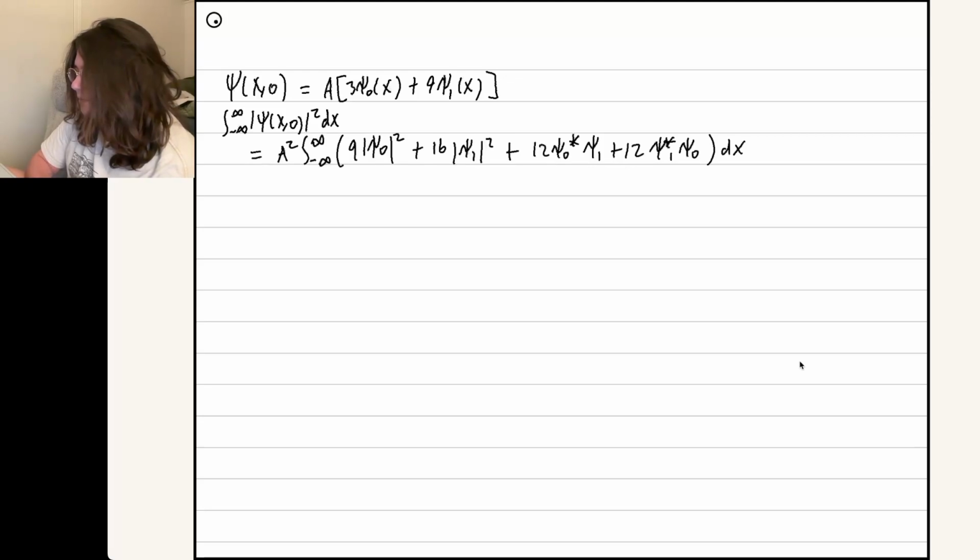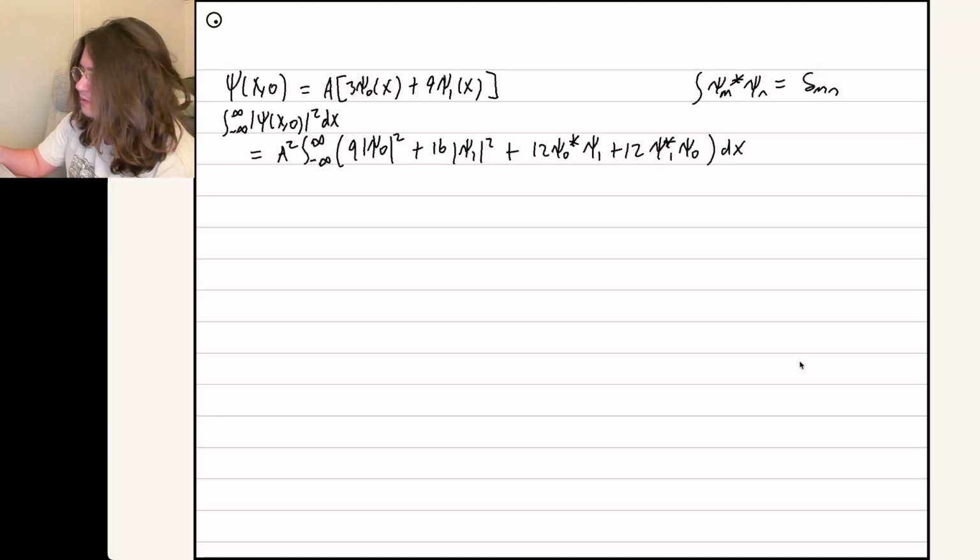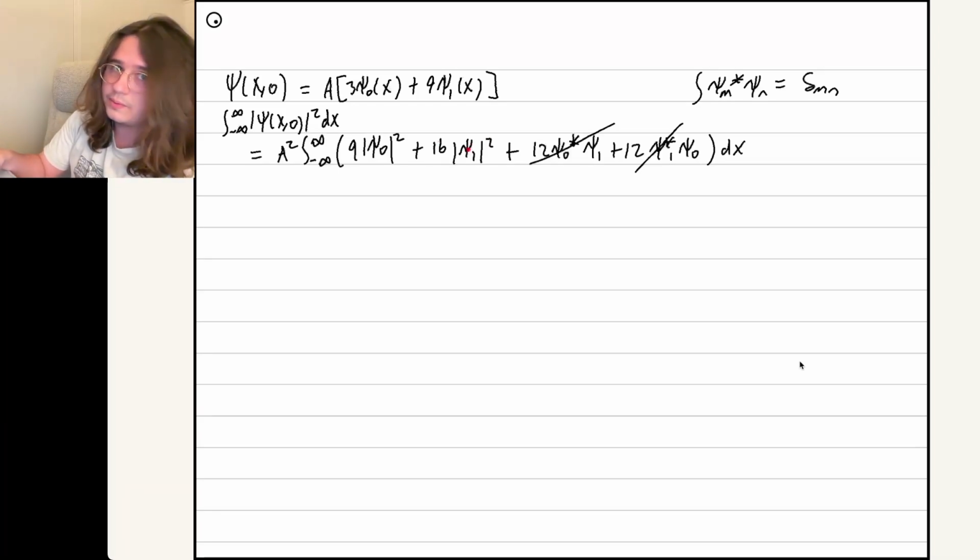And when we take this integral, we'll keep in mind the fact that all of these wave functions are orthogonal to each other. So in general, psi m star psi n will be equal to a Kronecker delta mn, which means all of these cross terms, when we do the integral, are actually going to cancel out, and these integrals will just go to 1.